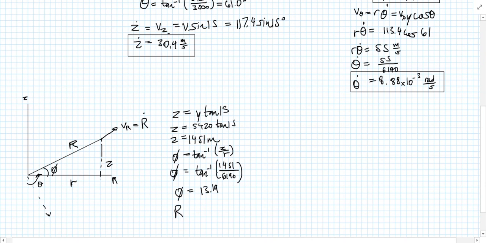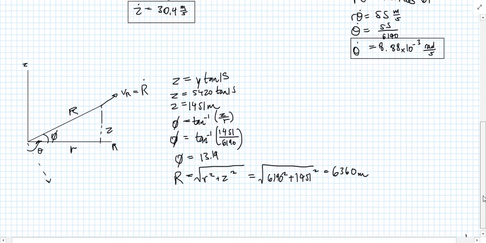That's why we use this equation to find phi. But now we want big R. Big R is equal to the square root of r squared plus z squared. This is the square root of 6190 squared plus 1451 squared, which is 6360 meters.